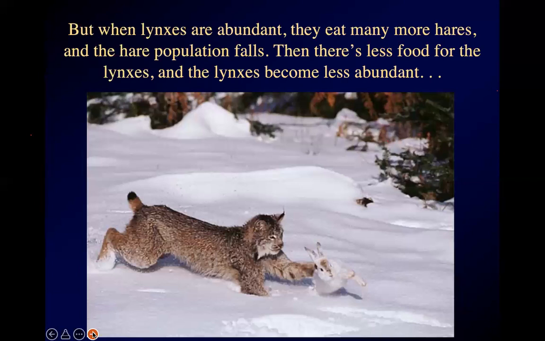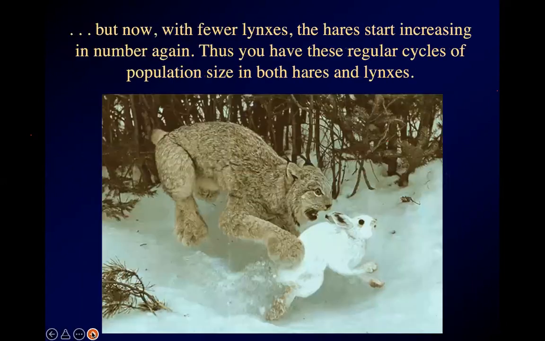If the babies grow up, they may not have enough to live on. They may die of starvation. And the lynxes become less abundant because there's less food for them. But now that the lynx population is low, the hares can start increasing in number again because they've got fewer predators. So you have these regular cycles of booms and busts in both the hares and the lynxes, with the lynxes peaking a little bit after the hares do.